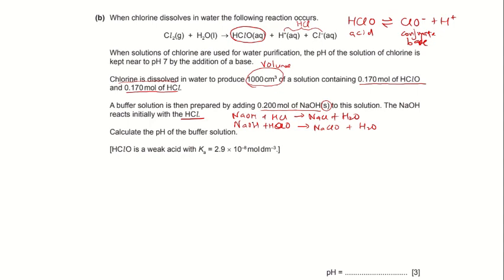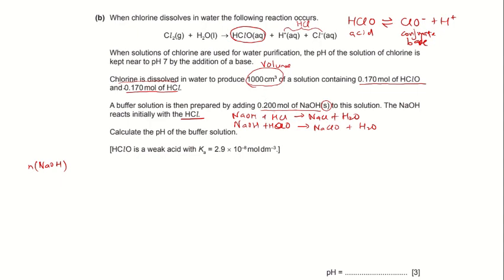Now we can start to work on how to calculate the pH of the buffer solution. First thing that we need to do is find out how much NaOH is used to react with hydrochloric acid.